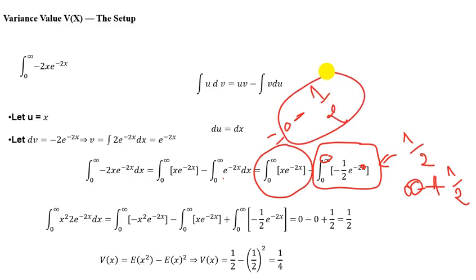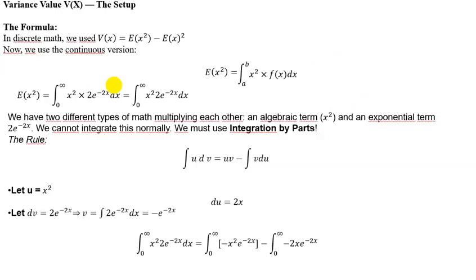In the end we get our integral here is 1 minus 1 over 2.